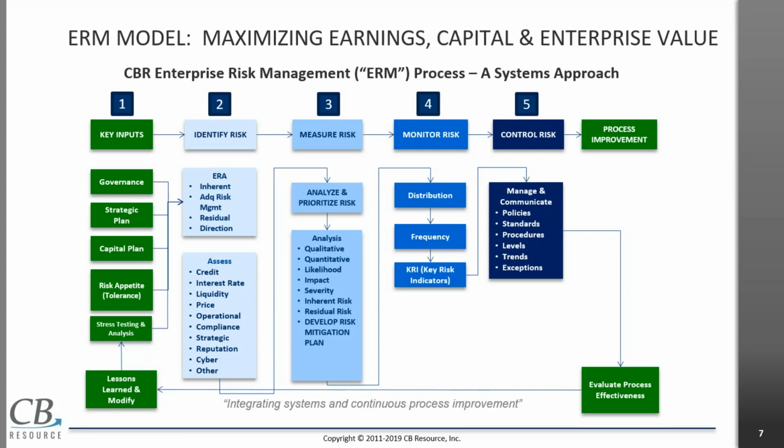And by the way, if you're doing any due diligence or evaluating enterprise risk management solutions for your bank today, be comfortable that whoever is providing the pitch articulates specifically how their solution will help you identify risk, measure risk, monitor risk, and control risk.